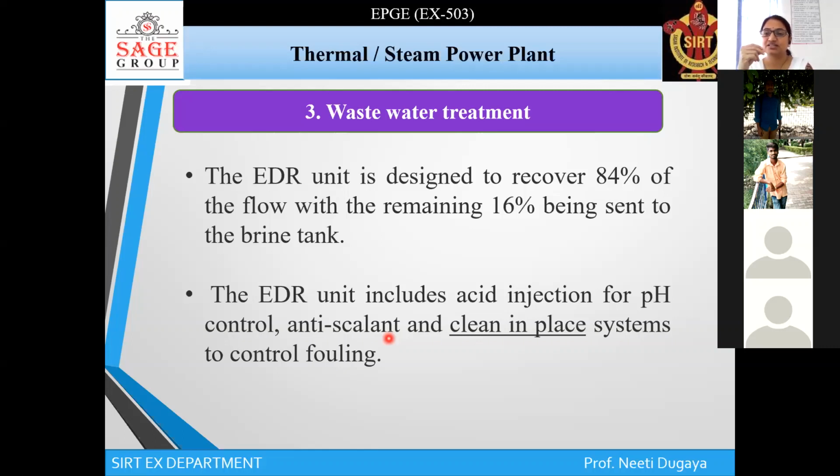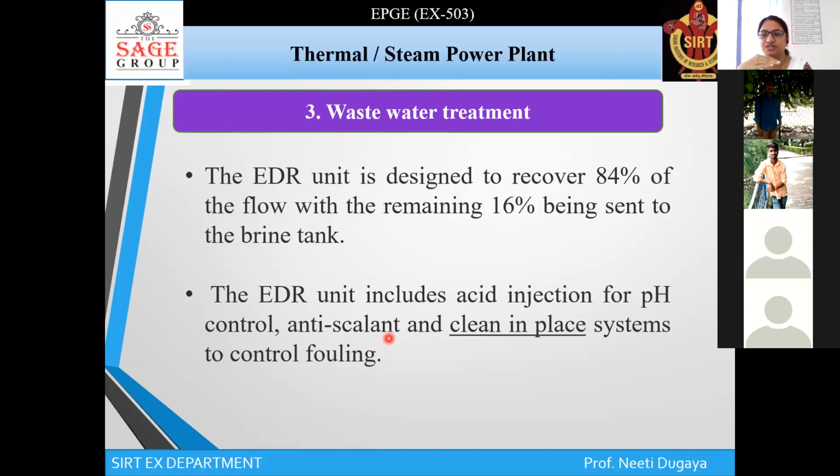But this scaling is harmful. As you can see, it is in the water heaters. I reside in a place where the calcium content in water is high. So my water heater always has the problem of scaling, because the water which is being heated with the help of heaters has a tendency to scale up.